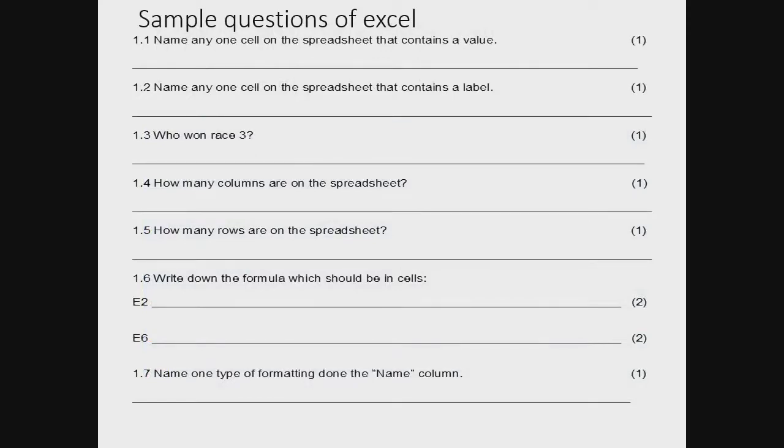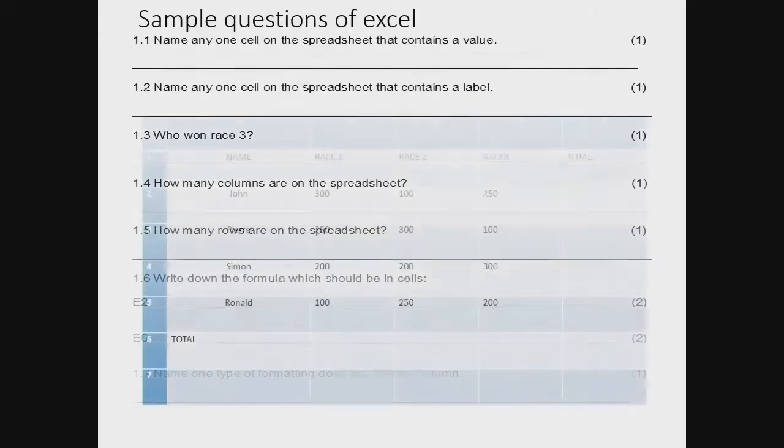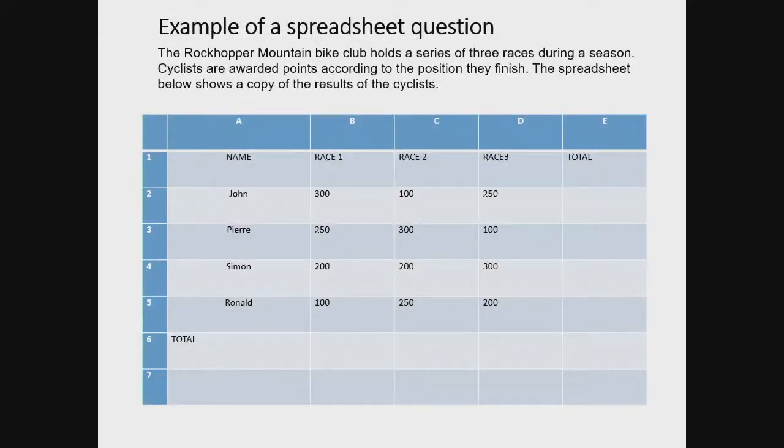Name any cell on the spreadsheet that contains a value. What is a value? A value is any number that is used while working on Microsoft Excel. A value simply means numbers. Values are numbers. So if I look at this spreadsheet here, where can I see a value?